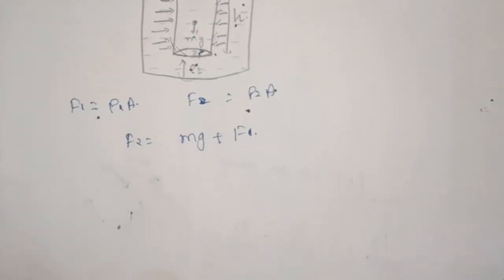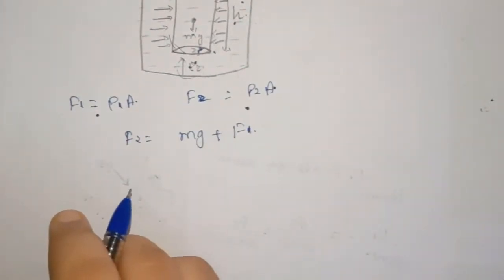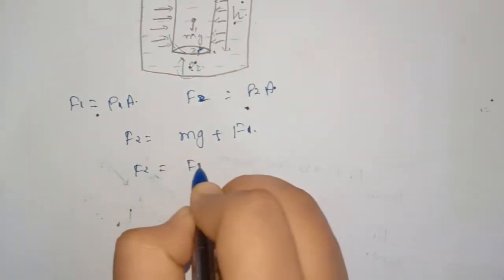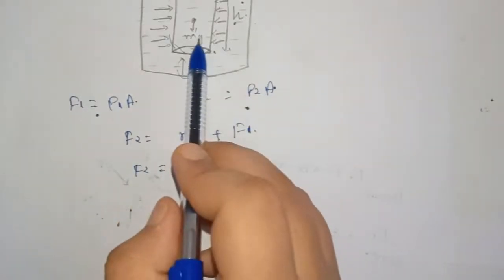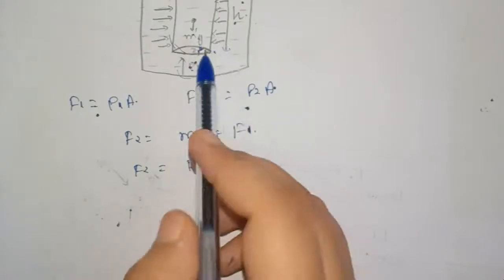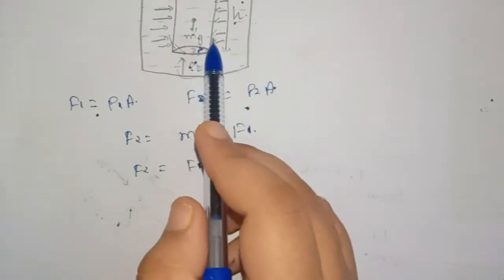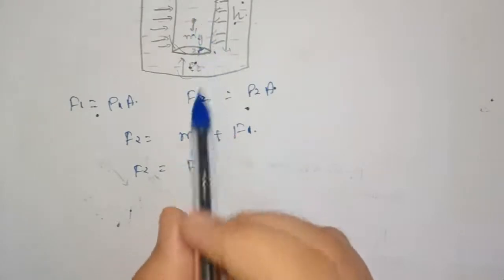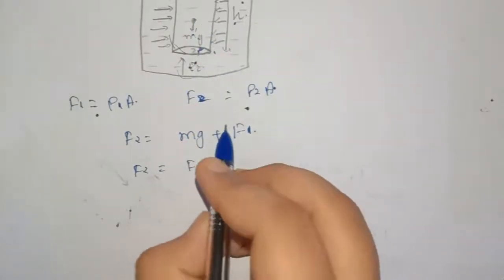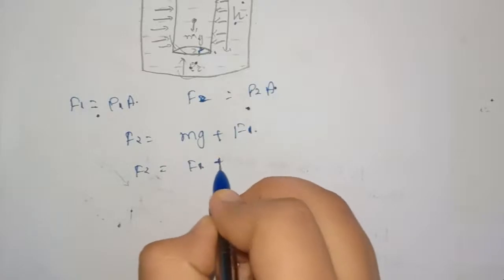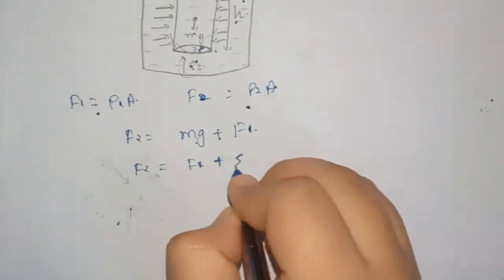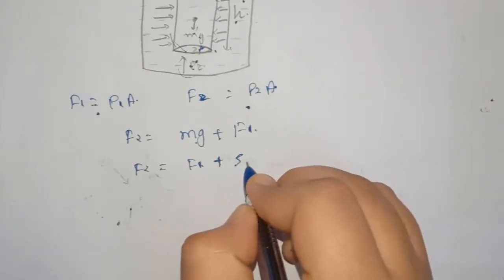If rho is the density of the fluid, then F2 is equal to F1 plus mg. We have considered this a water cylinder, that is, it is not actually a solid body, but we have considered it a water shaped cylinder. Then m can be written as density into volume.